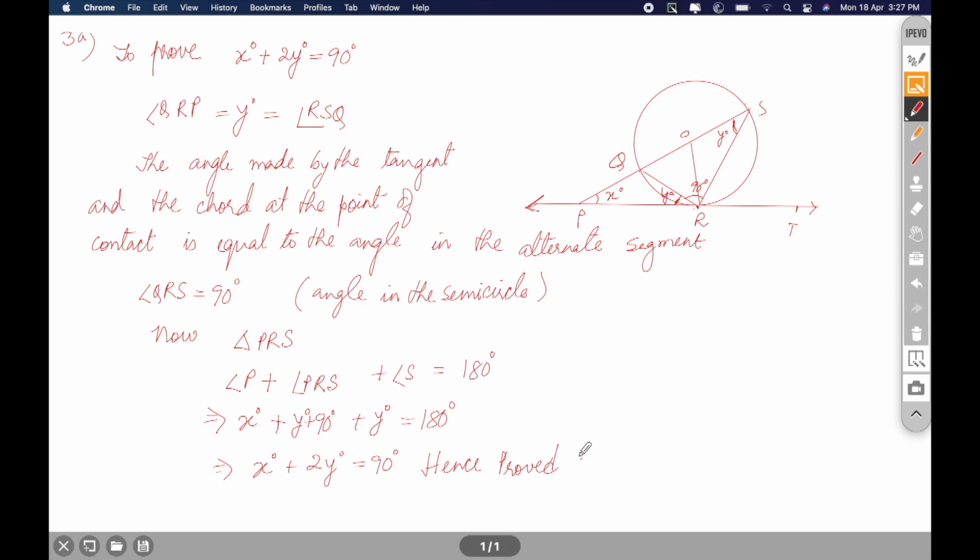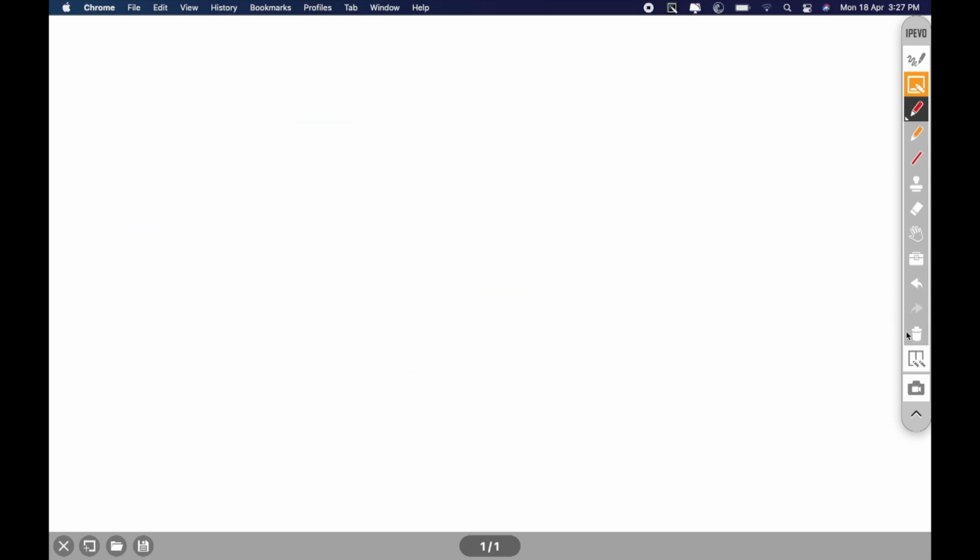Next, we have a question in trigonometry. We are supposed to prove (sec theta plus tan theta) divided by (sec theta minus tan theta) equals (1 plus sine theta) whole divided by cos theta whole square.